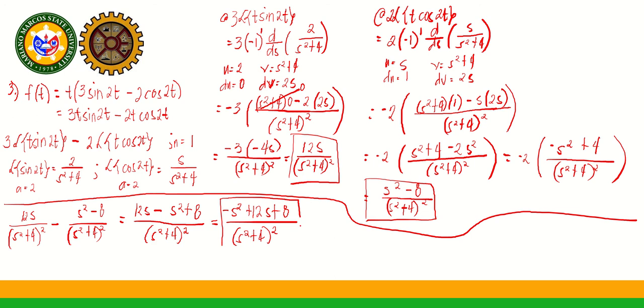So this is our final answer for example number 3. This can be our final answer or this one. Okay, but I prefer this one. So that ends our discussion in the fifth property of Laplace transform, that is the multiplication by power of t.